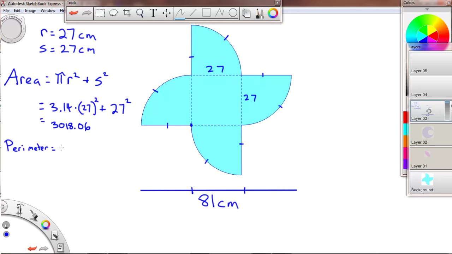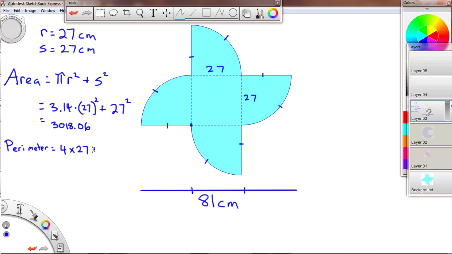And the straight lines are all 27, so I'll go ahead and put that down. That's going to be 4 times 27. Now, the curved lines, well, that's 1/4 the circumference of the circle, 2/4, 3/4, 4/4. So all the curved lines together is just going to be a circle with radius 27.